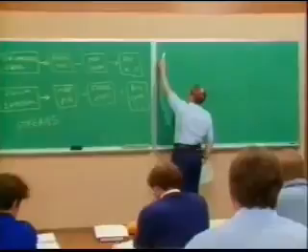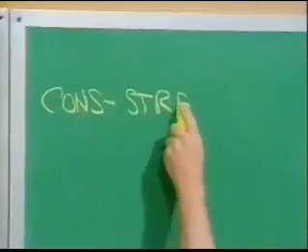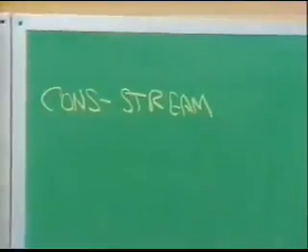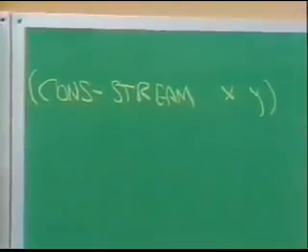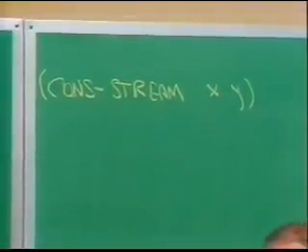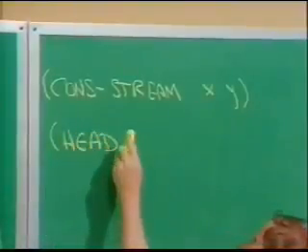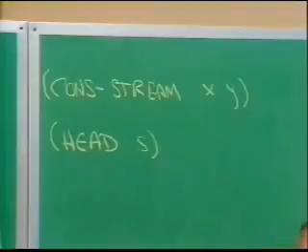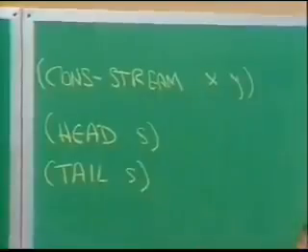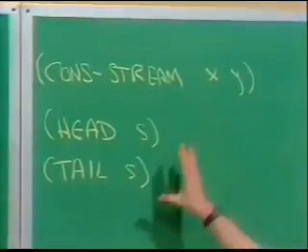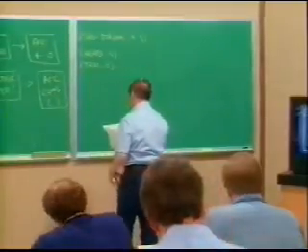For a stream, we're going to have one constructor that's called constStream. ConstStream is going to put two things together to form a thing called a stream. And then to extract things from the stream, we're going to have a selector called the head of the stream. So if I have a stream, I can take its head, or I can take its tail. And remember, I have to tell you the contract here, the axioms that relate these.